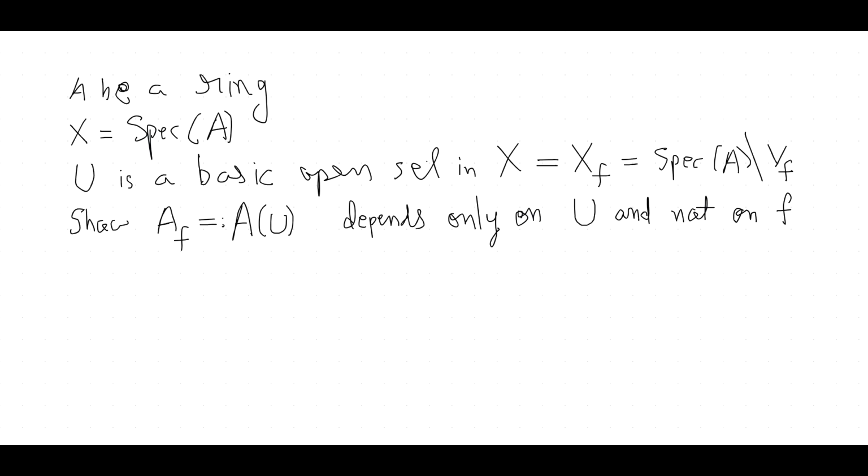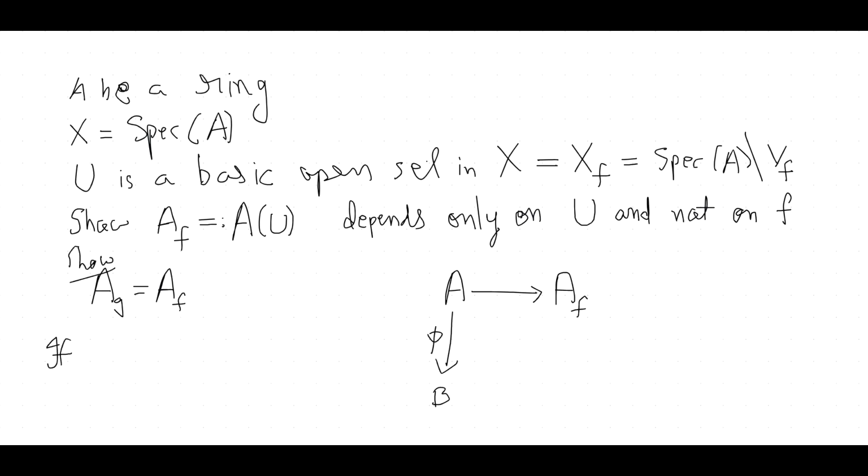Of localization, right? So you have a map from A to the localization, and if there is any B which inverts F, so phi, so show if phi of F is a unit, then there exists a map, right?